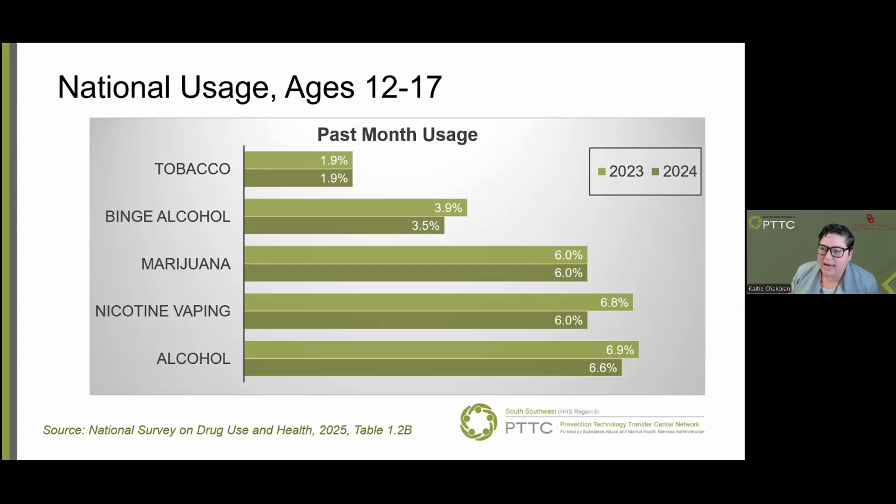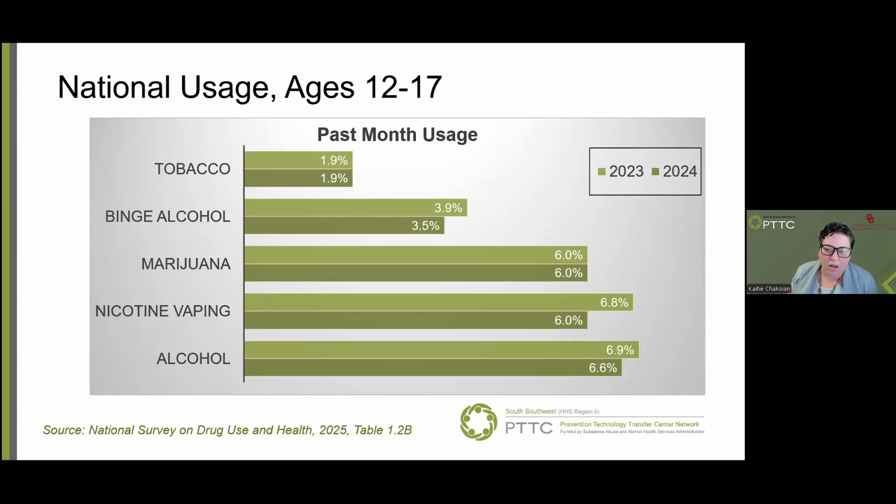So looking nationally at teen usage data over the past month, looking at 2023 and 2024, across the board, when we look at different substances, we're seeing the highest usage rates for marijuana, nicotine vaping, and alcohol. And then when we look across time trends, we're seeing a downward trend for nicotine vaping, which is down about 0.8%.